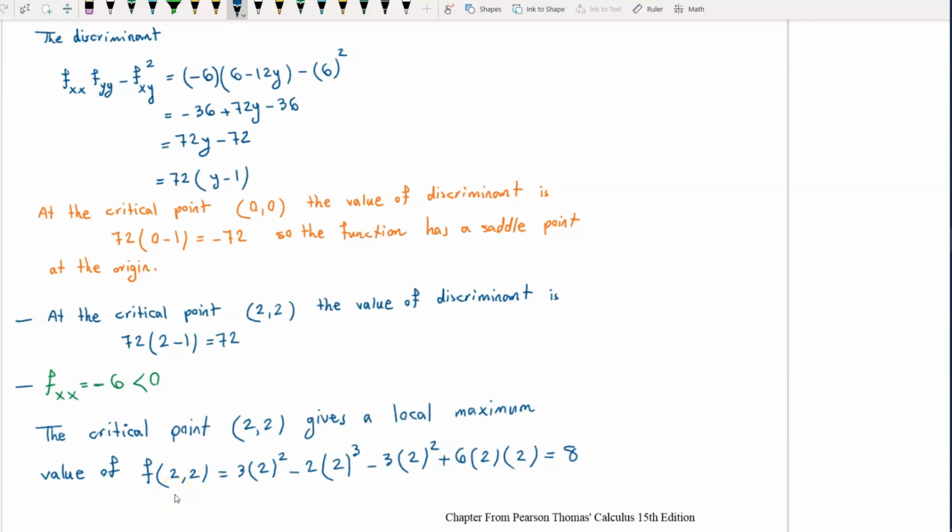And the value of f at this point: f of 2, 2 is equal to 3 times 2 squared minus 2 times 2 cubed minus 3 times 2 squared plus 6 times 2 times 2. So this is equal to 8.